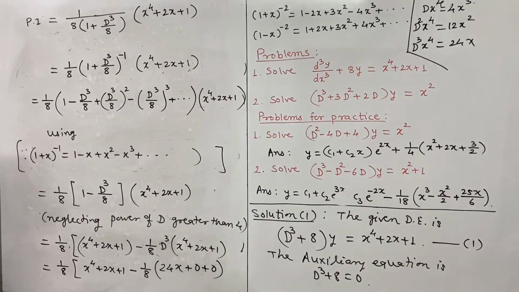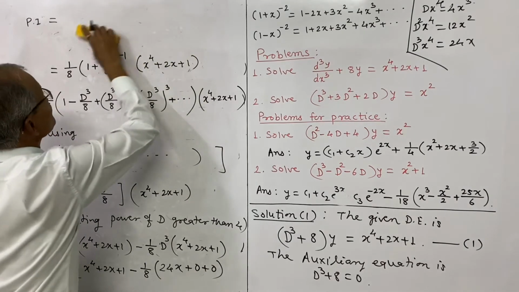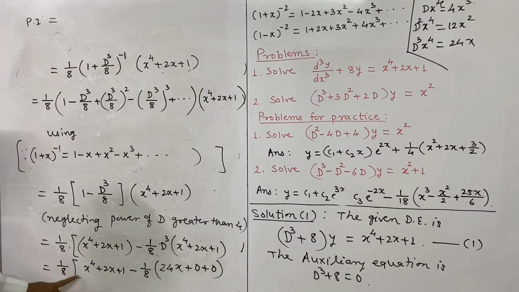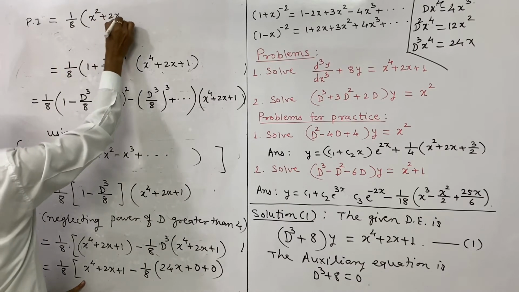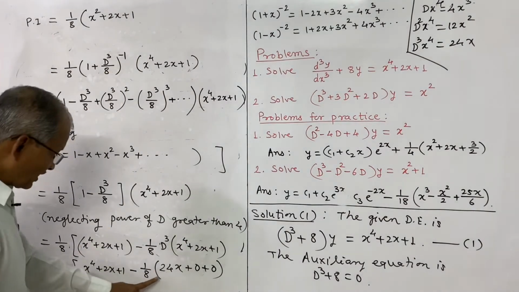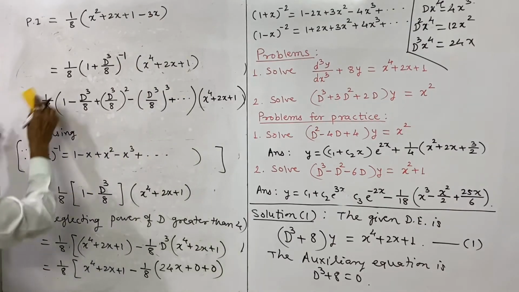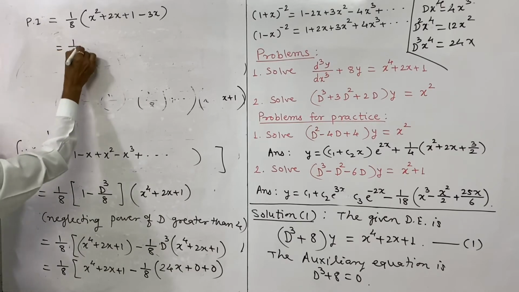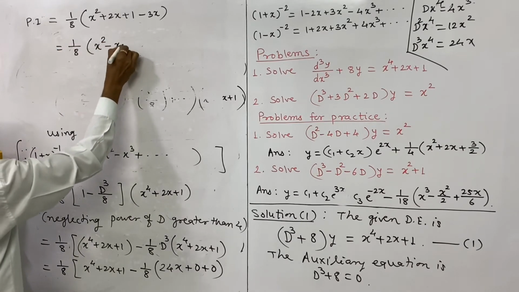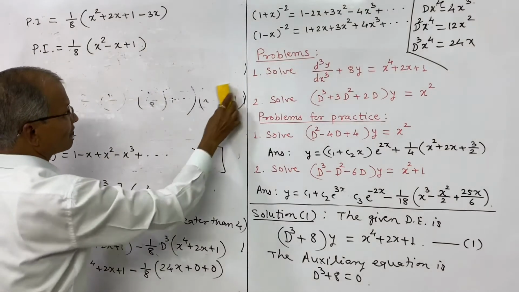And thus we have 1 by 8 into 24x, or finally PI will be 1 by 8 of this, x power 4 plus 2x plus 1 minus 24 by 8, that is 3x, minus 3x, or that will be 1 by 8 into x square minus x plus 1. So this much is the PI, and after getting PI we have already obtained the CF.